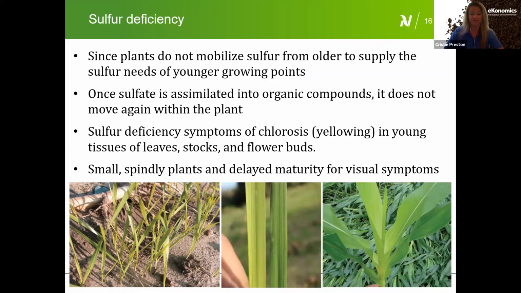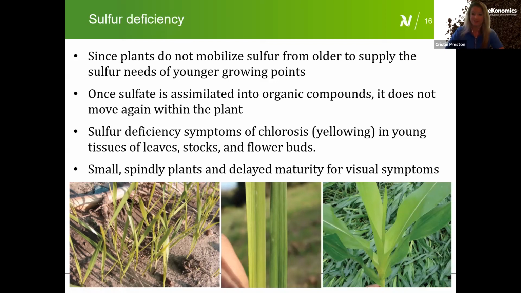That's how it differs from nitrogen deficiency. Again, once it's taken up into the plant and it's in organic form, it's not going to be translocated within the plant. So that's why we see it in the younger portion.